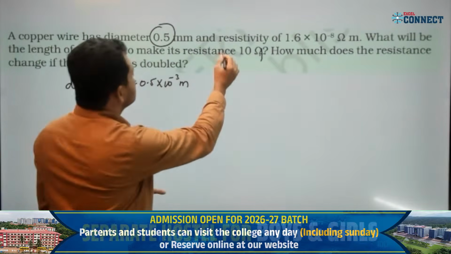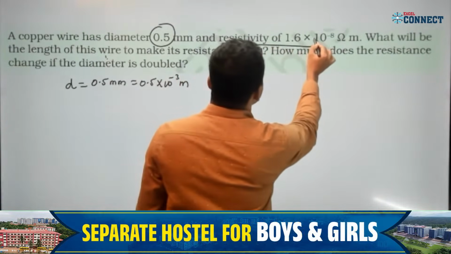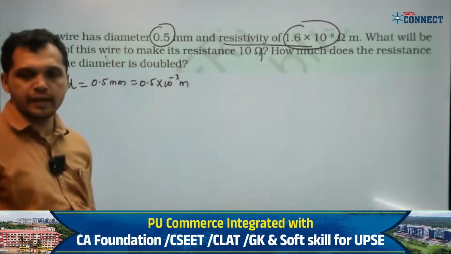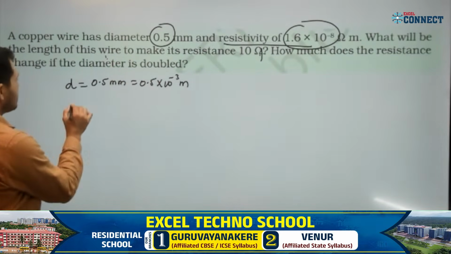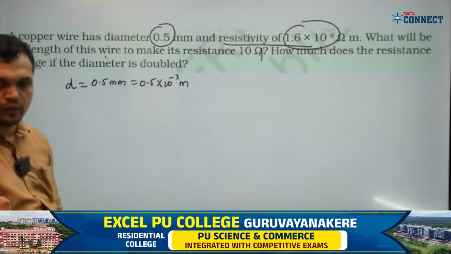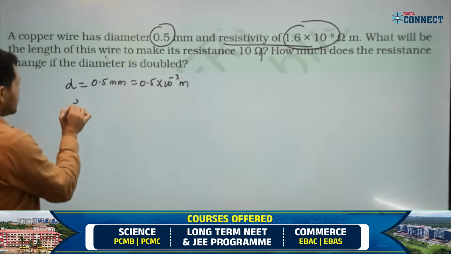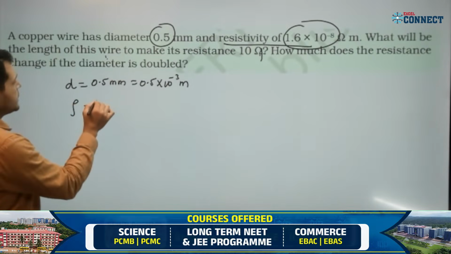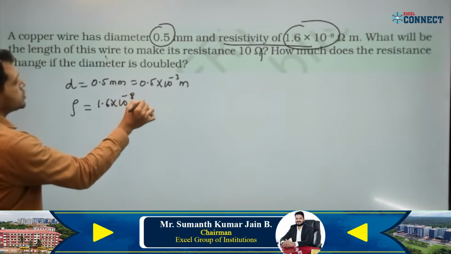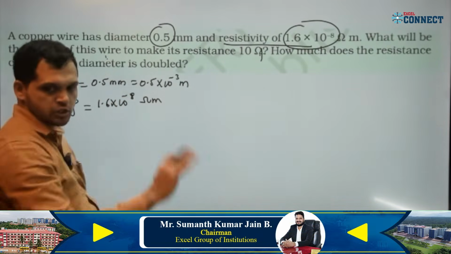Next, what is given? Resistivity is given. What is the symbol we use for specific resistance or resistivity? Rho. Rho is resistivity, 1.6 into 10 power minus 8 ohm meter in the SI system.